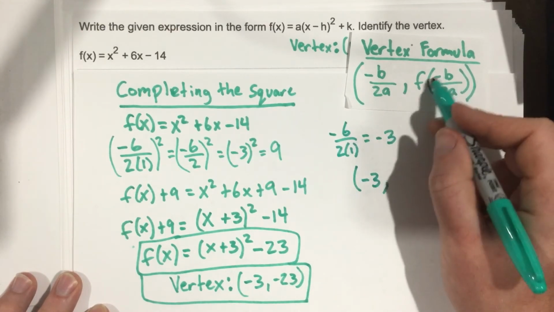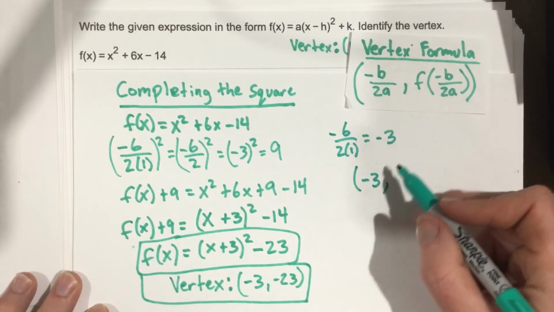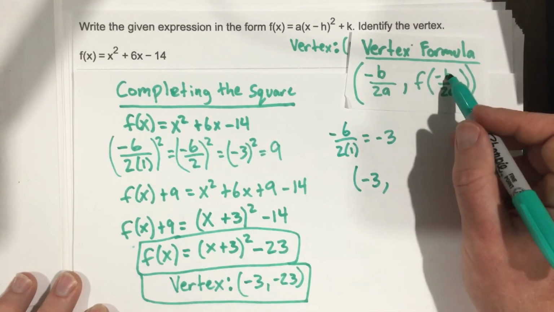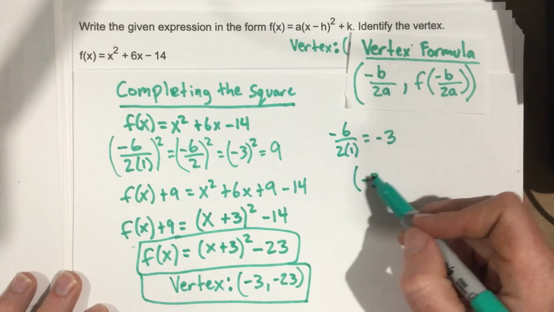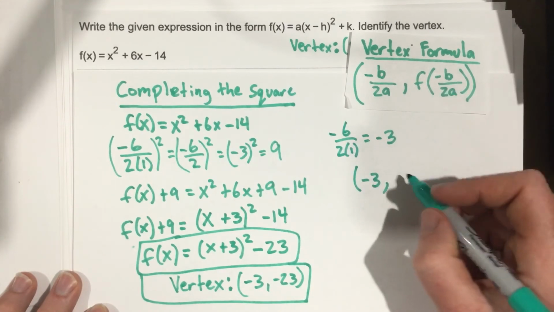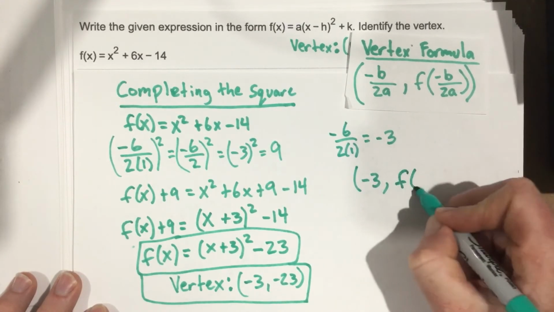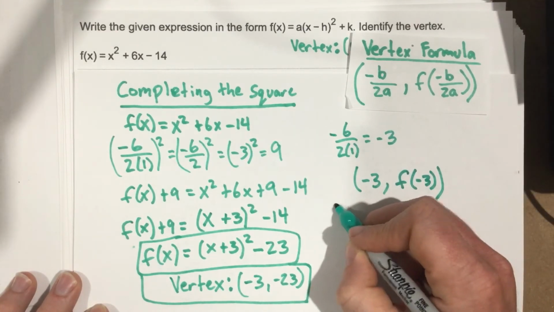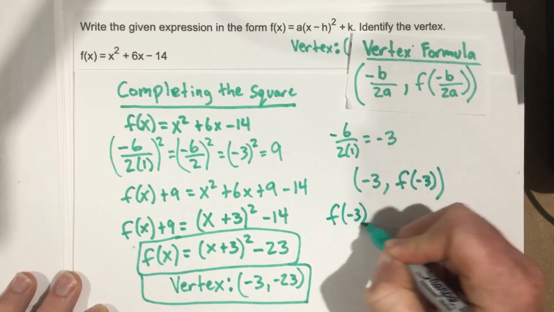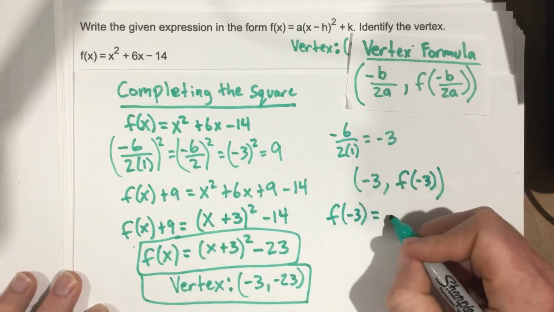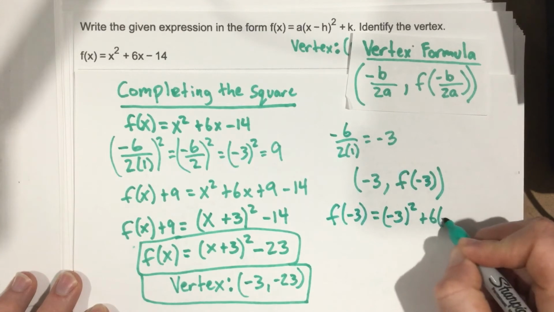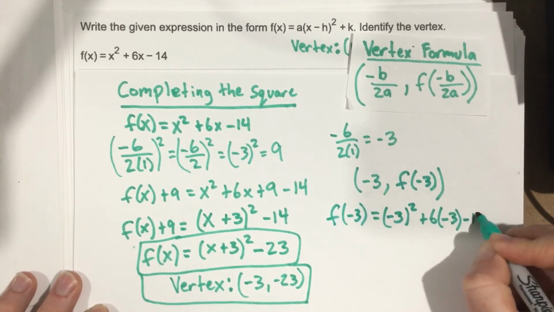Okay, what's the y-coordinate? The y-coordinate is going to be this function with an input of negative b over 2a, which is just the number we got there. So we're going to say f of negative 3. When we do that, we get negative 3 squared plus 6 times negative 3 minus 14.